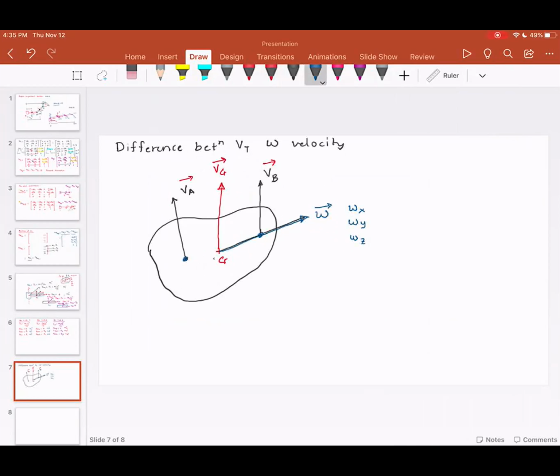So it is very important. The velocity in translation changes at every point. But omega, and this is a vector, so it has three components, is the same at every point.